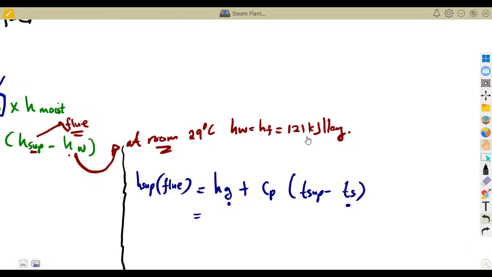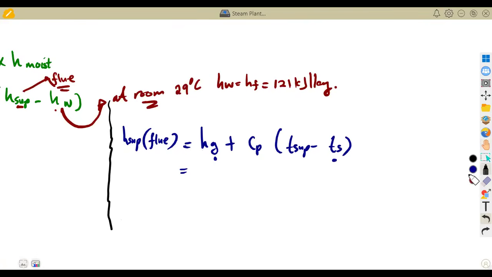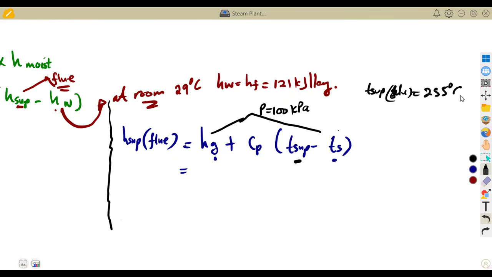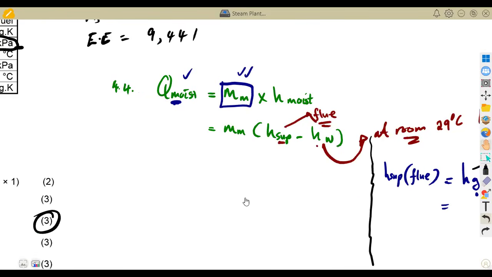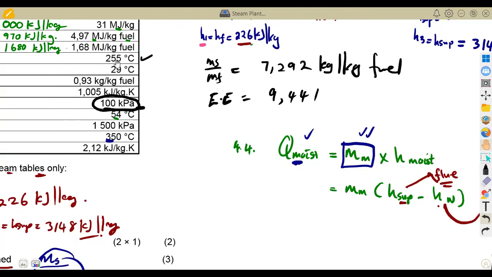I hope you understand me here, guys, because we are referring to something else. The chimney pressure is given at 100 kilopascal, and the temperature there, T out for the chimney, which is our T sup, is 255. Is it 155? 255 there, guys.